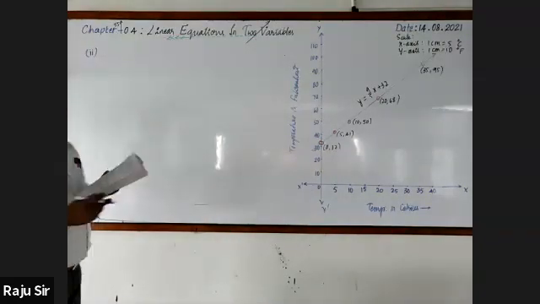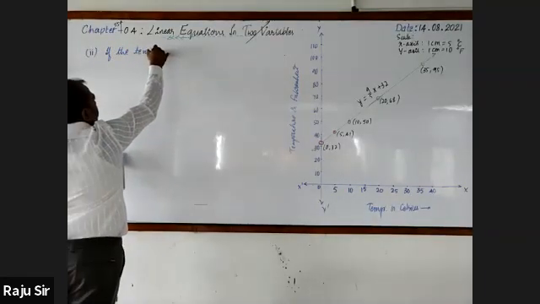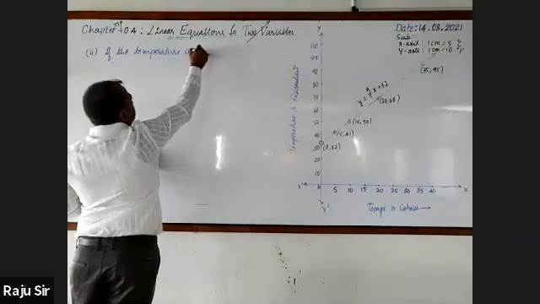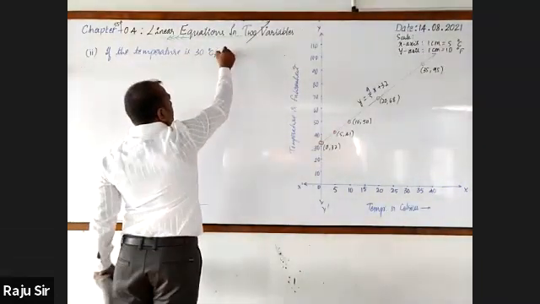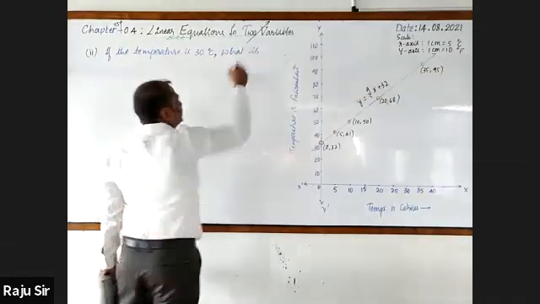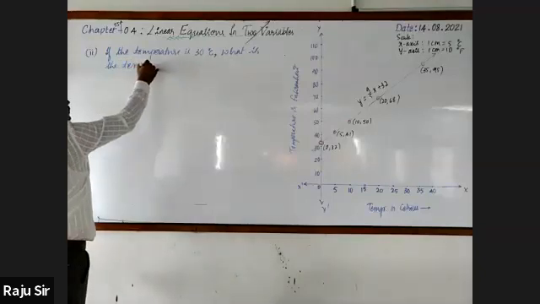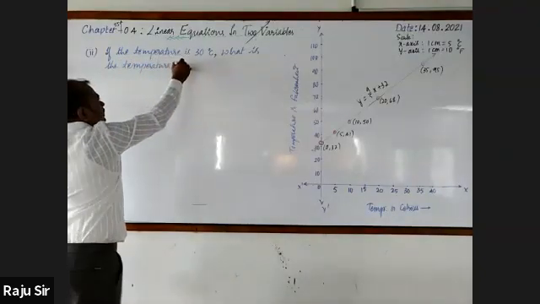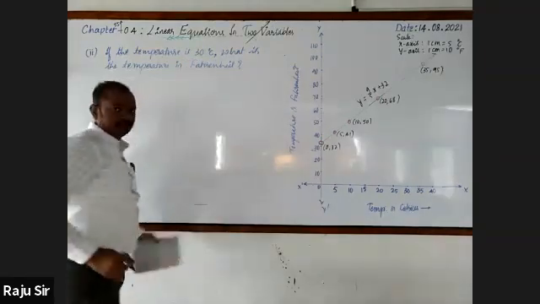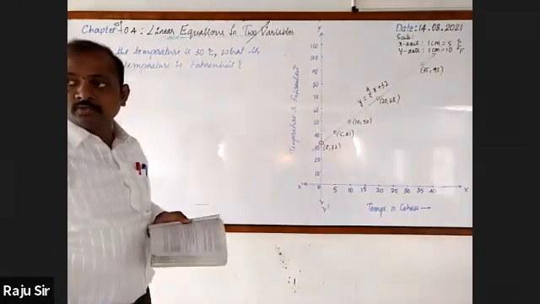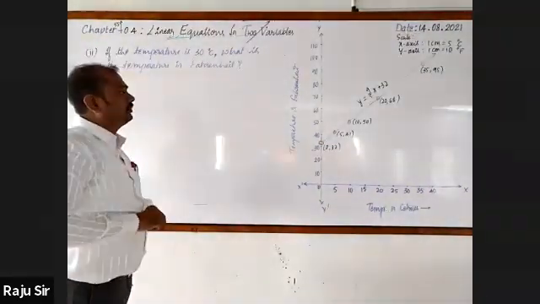If the temperature is 30 degrees Celsius, what is the temperature in Fahrenheit? You may use the graph or else you may go for calculation also. Sir, the answer from the graph is 86 degrees.